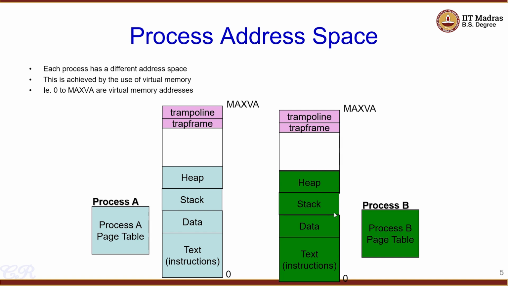Okay. Now, this is a quick recollection of the virtual address space, or the process address space. Each process that is created or executes on your system has its own virtual address space.